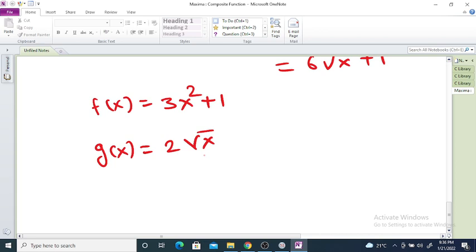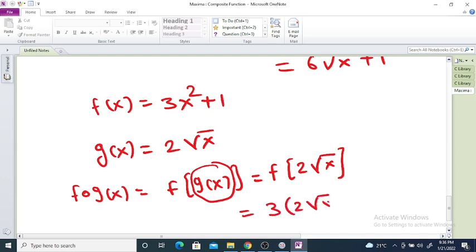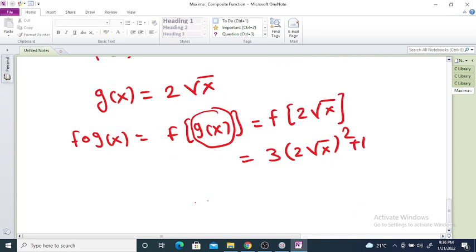Then what is the composition function f of g of x? It is equal to f of g of x, which is equal to f of 2 root x. So in place of x we put g of x. So this is equal to 3 times (2 root x) squared plus 1. So this is equal to 3 times 4x plus 1, and this is equal to 12x plus 1.